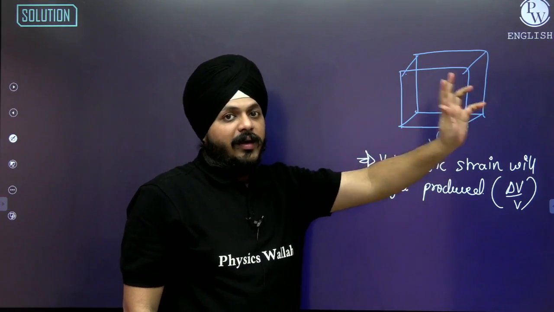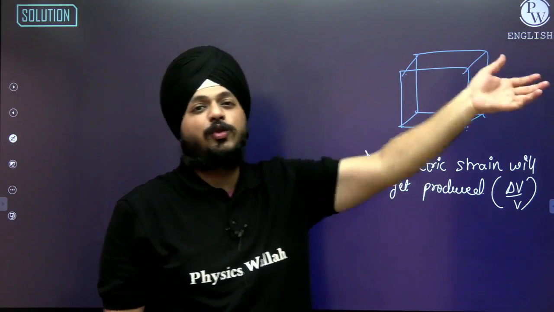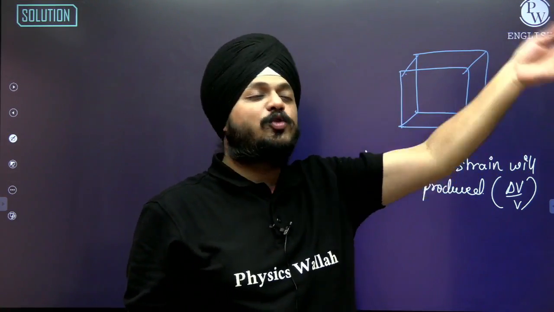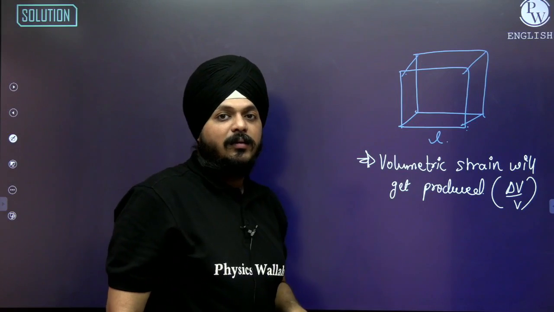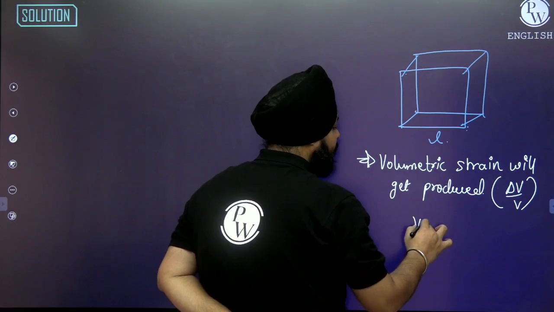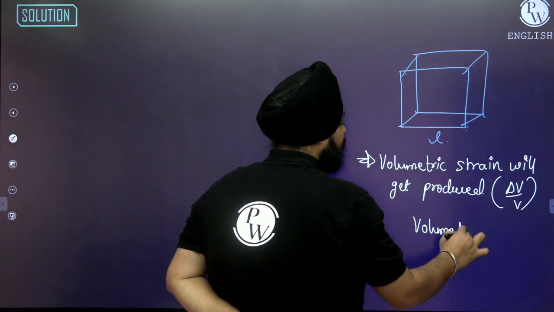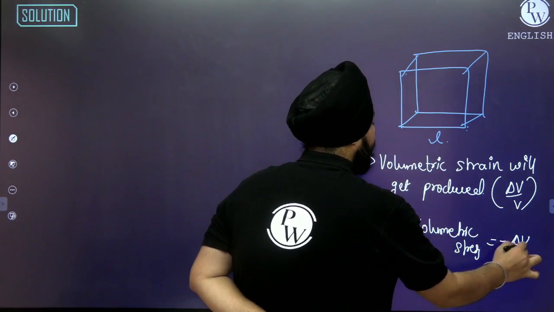The source can be of any kind; from any source, force can be applied and pressure can be imparted. Now here the volume is decreasing, so can I say volumetric strain is negative delta V by V?